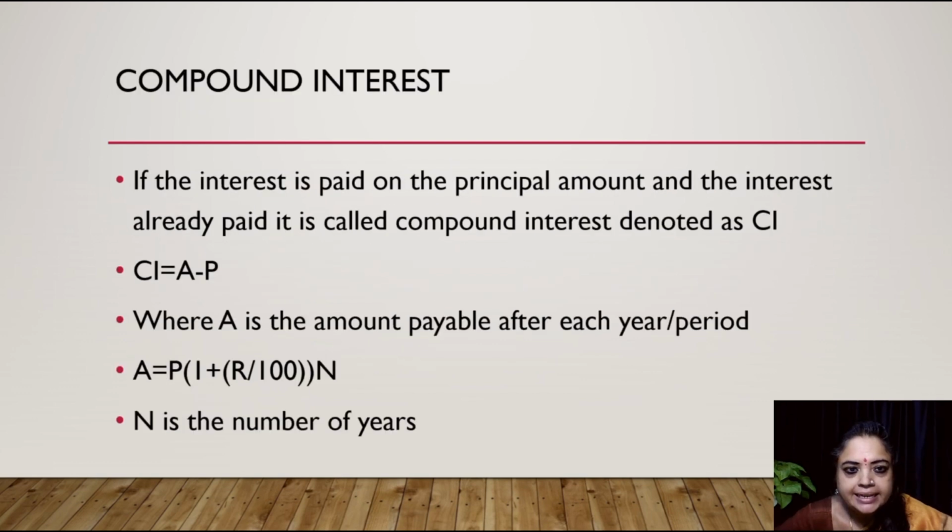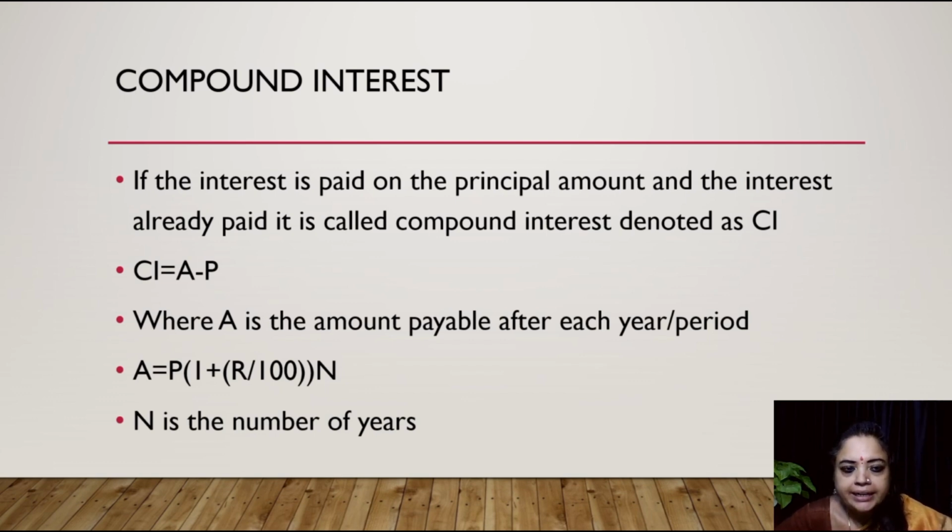Now let us see what is compound interest. If we calculate the interest on the principal amount and also on the interest that is already paid, then it is called compound interest and is represented as CI.